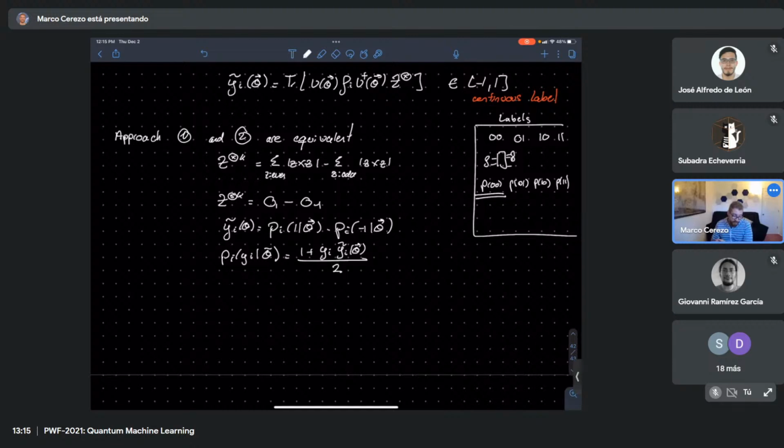So, of course, now we've been working with continuous variables, either the probability of a label or the label itself. But at the end of the day, for the purpose of accuracy testing, that's whenever I ask my quantum neural network, I give it a picture, and I say, is it a dog or is it a cat? Is it ferromagnetic or is it paramagnetic? For the purpose of accuracy testing, we need a discrete value.